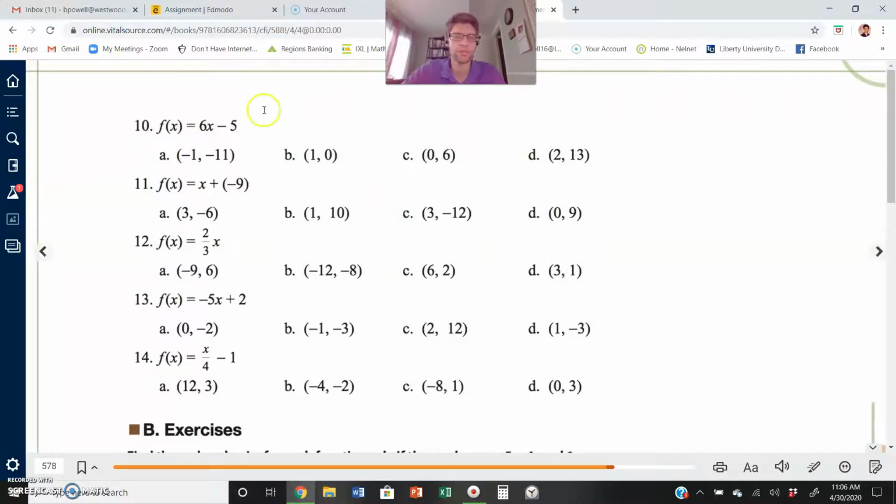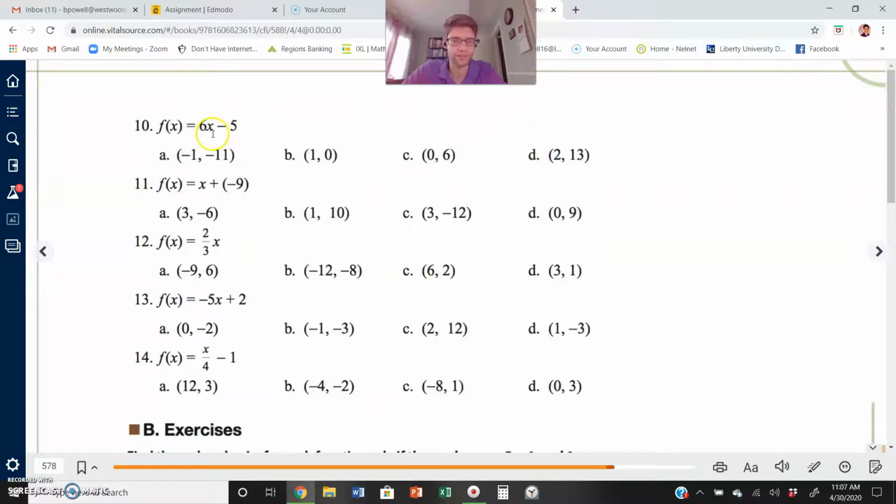Remember how we do this? We just plug in the x and then we solve. And if we get the y, then it satisfies. If we get a different number other than the y when we plug in -1, then A is not it. Whenever we plug in 1 here, if we get a 0, then yes, it satisfies. If we do not get a 0, then no, it does not.